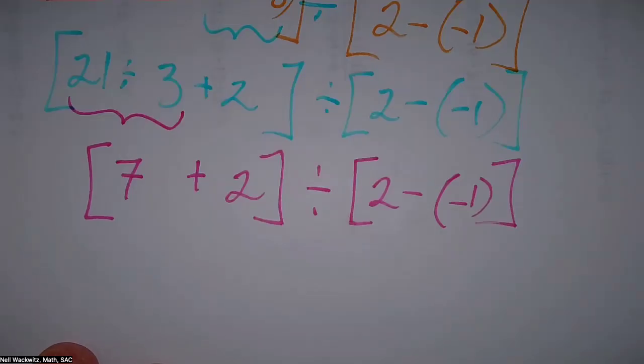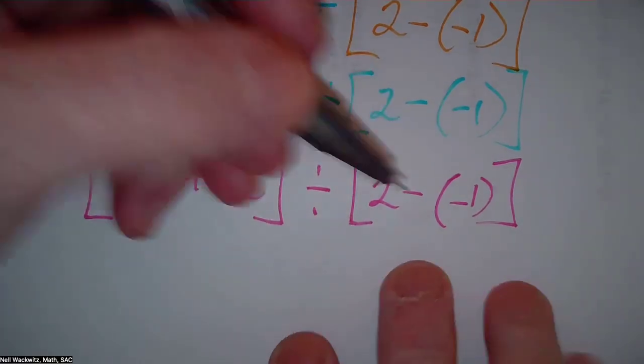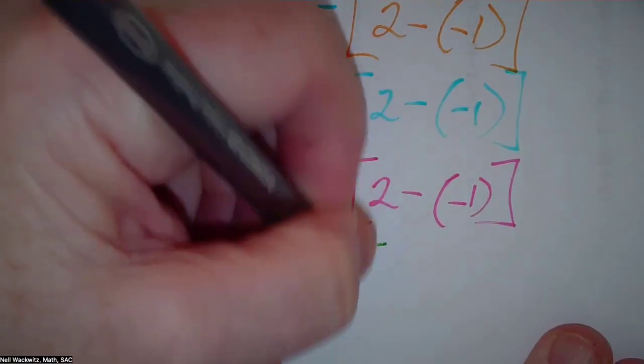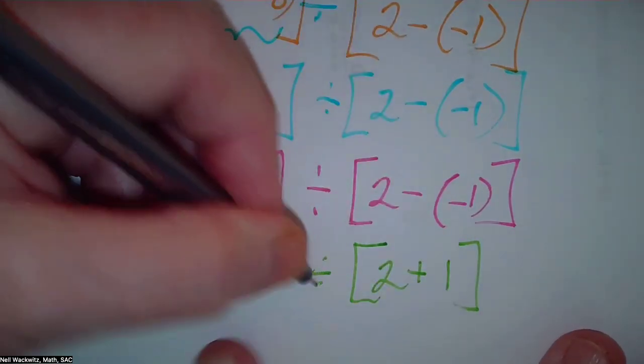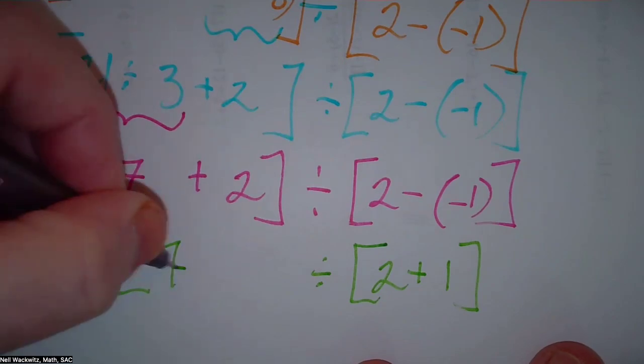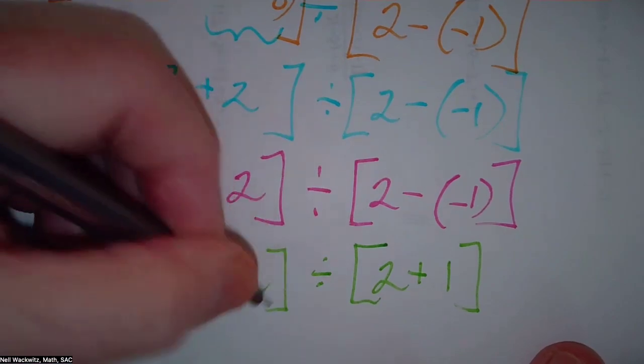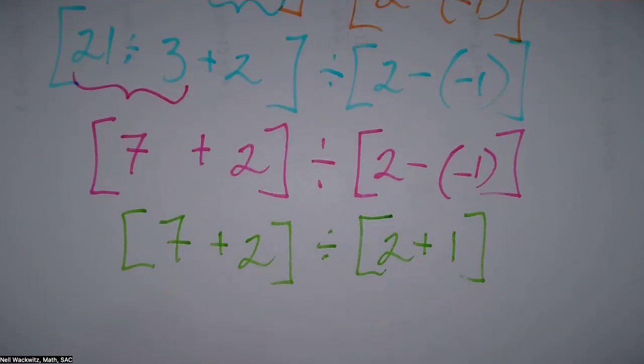Alrighty, now what? Good. 2 minus, and then you gotta do the 2 minus the -1, but that would just be 2 plus 1, right? Awesome. Okay.